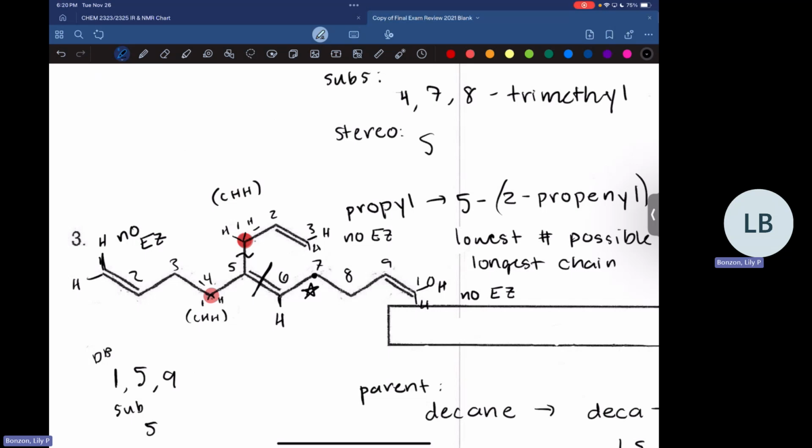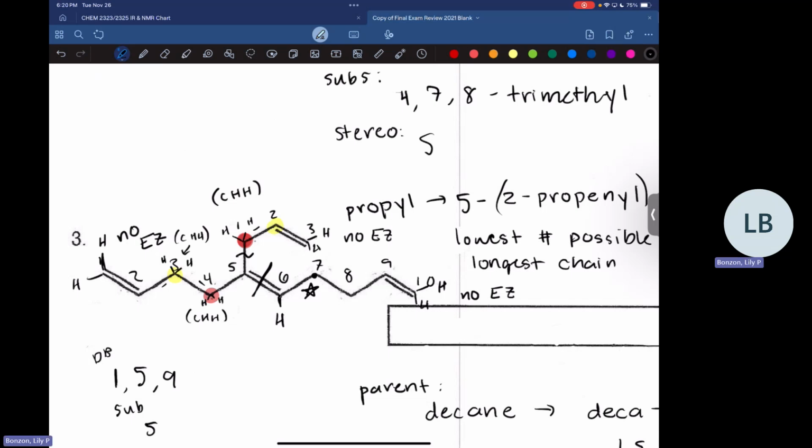So because there's not a difference here, we have to move on to the next carbon. So we'll look at 3 of the main chain and 2 of the substituent chain. So at carbon 3 of the main chain, again, we have just a CH2 group, so it's going to be connected to a C, and then HH.